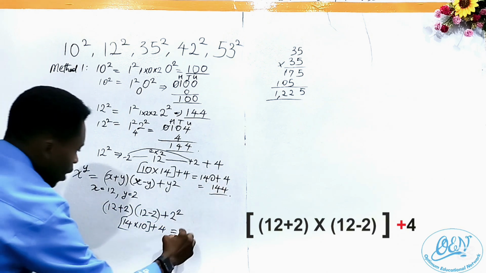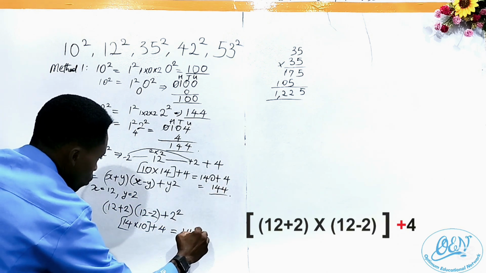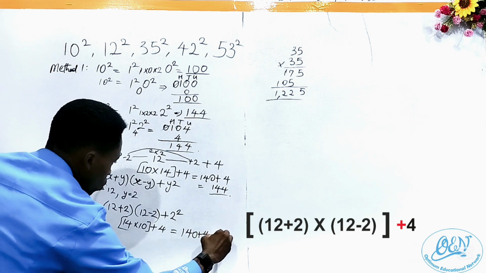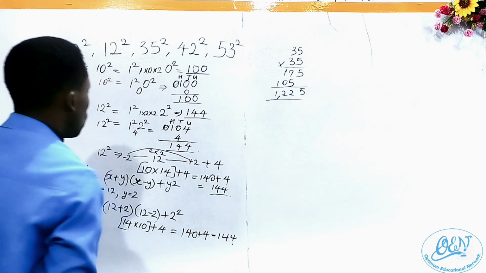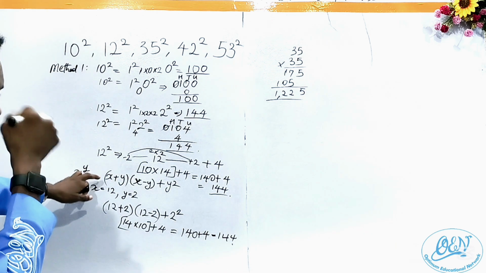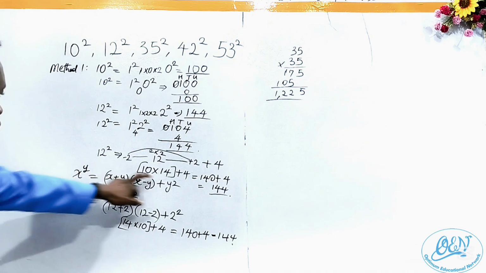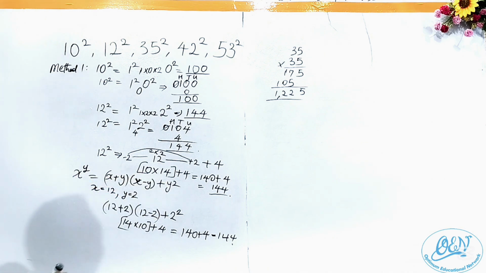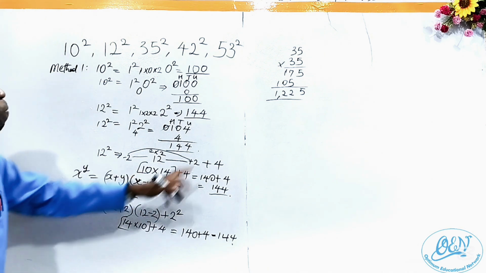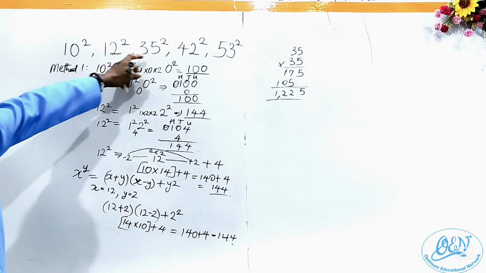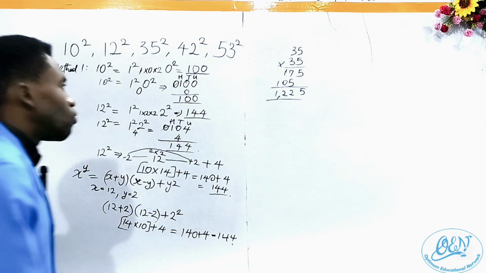So simplify, you have 140 plus 4, which is 144. So this method is just using this formula to solve your problem. So I will do 35 in this other section of the board.